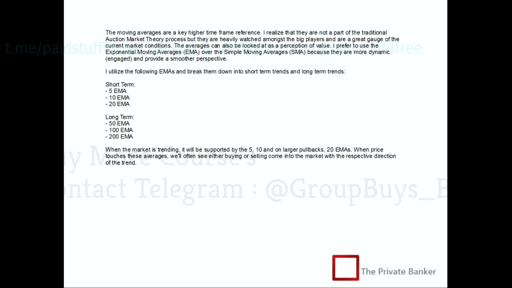And then of course the longer term traders would be the 50, 100, and 200. That is their area of value. If they're able to buy the market around those moving averages, so long as the longer term trend is intact, they're very happy to pick those prices up. So again, not everybody looks at market profile, not everybody looks at VWAP, volume profiles, whatever.